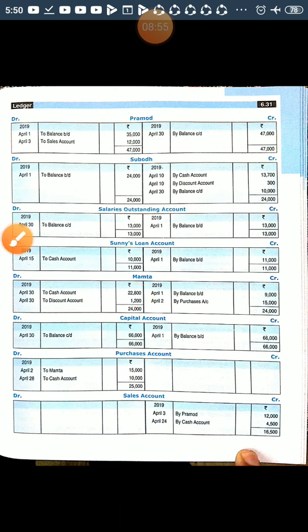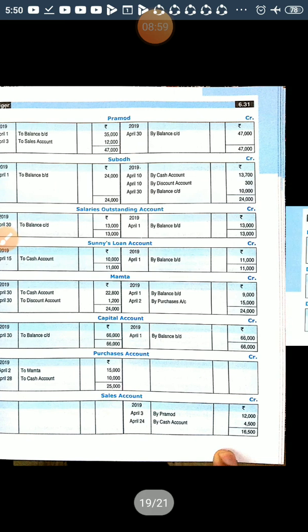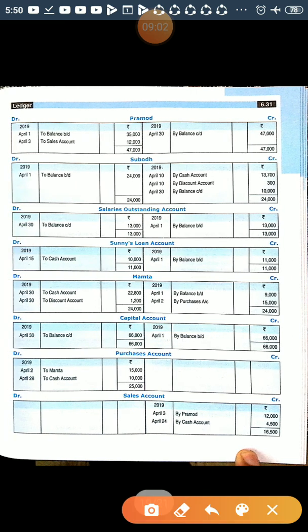Now if you make a balance of Mamta account, if you total the debit and credit side, both sides have the equal total. So there is no balance left. It means Mamta account is balanced, is cleared. At this juncture, Mamta is showing nil balance.